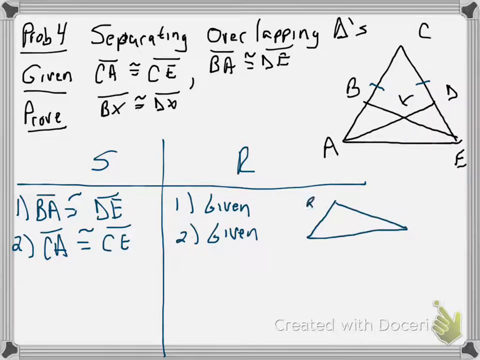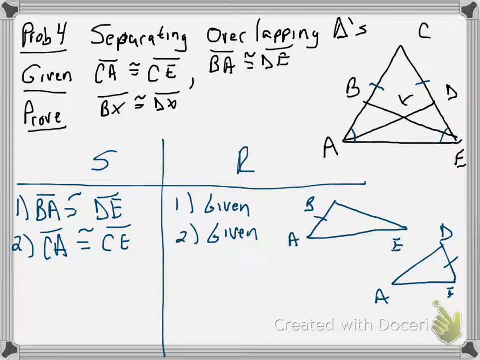It's triangle BAE. We know that BA, and then let's look at triangle DAE, we know that BA is congruent to DE, which is right here. And because we know that big triangle is isosceles, we could say that our base angles are congruent.